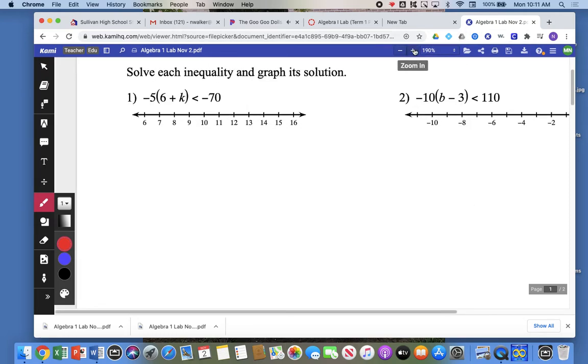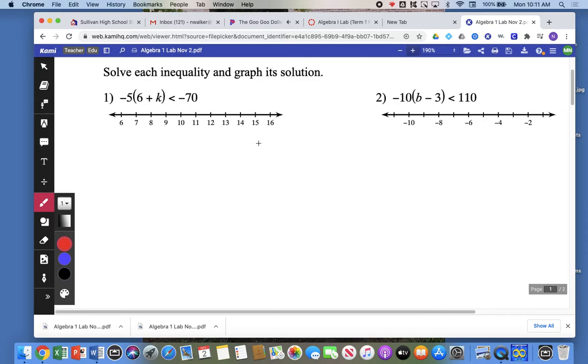All right, so we are going through, we're going to be solving. So which side do we like to have variables on? All right, we like variables on the left, constants on the right. So I'm actually going to rewrite the problem down here because I don't like to mess up my graph. We're going to graph that in just a second.